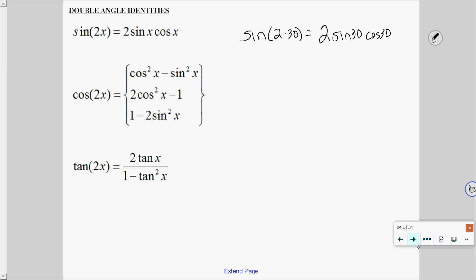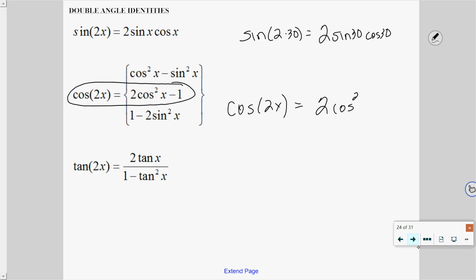All right, so Keta, pick one of the cosine ones, first, second, or third. Second one? Okay, so I am going to prove that rule. This could be an identity, so we have the left-hand side and the right-hand side.